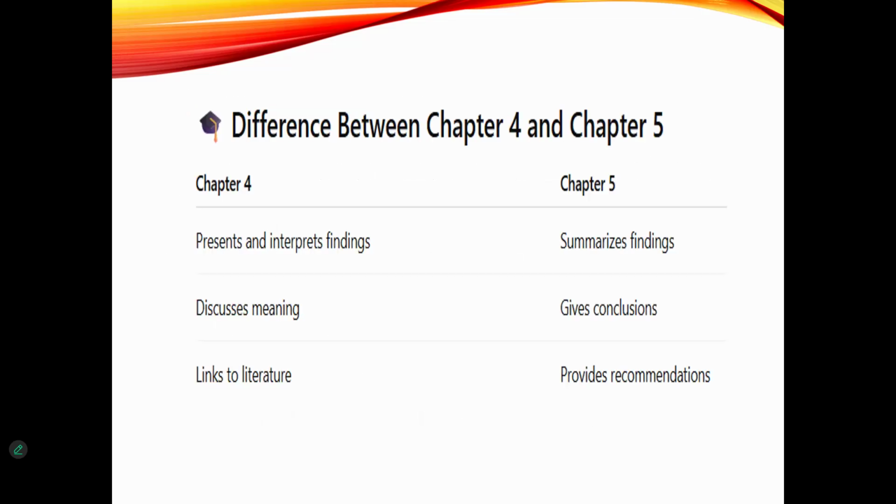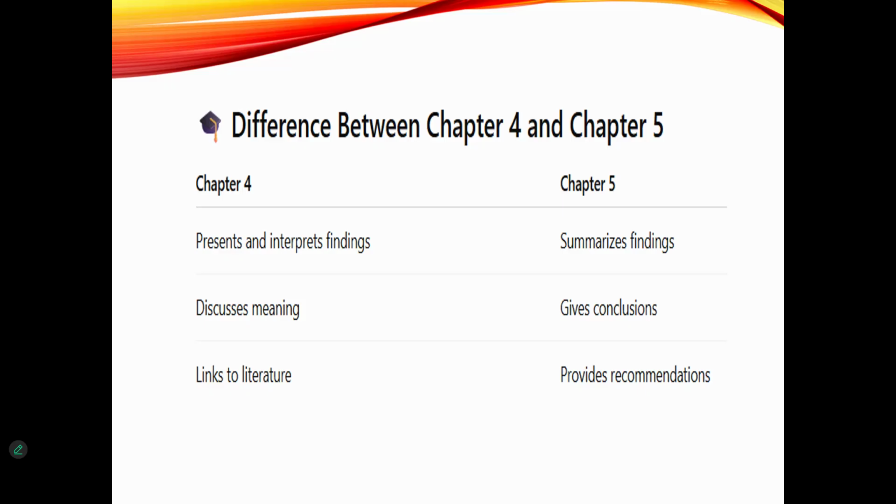And so, what is the difference between chapter 4 and chapter 5? In chapter 4, as we have said, it presents and interprets the findings. In chapter 5, you will summarize your findings. In chapter 4, you will discuss meaning, and in chapter 5, you will discuss conclusions derived from chapter 4.